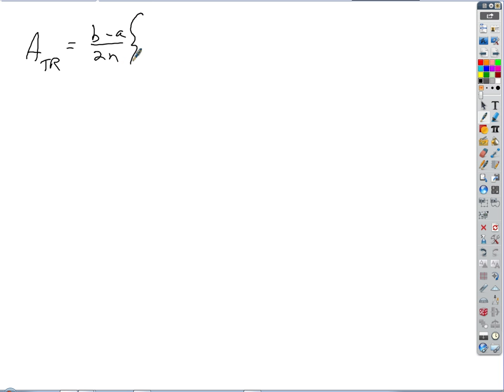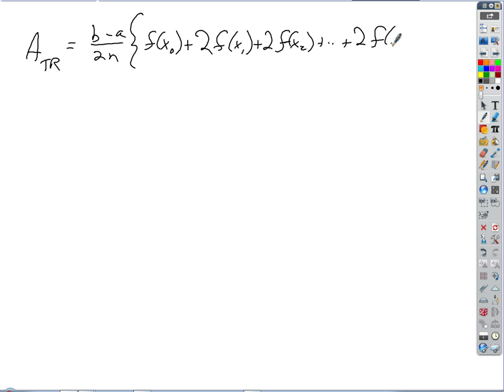Times f of x sub 0 plus 2 times f of x sub 1 plus 2 times f of x sub 2 plus and so on, plus 2 times f of x sub n minus 1 plus f of x sub n, right? That's one way to write the trapezoidal rule.